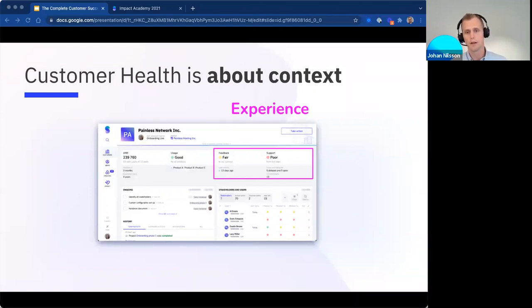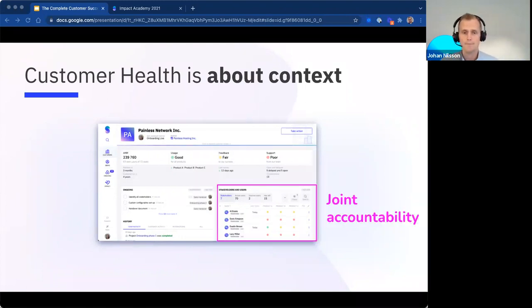So we need to find out, are they getting the help they need? Do they enjoy working with us in all senses? And here we can pick up on feedback. We can, of course, have a look at support tickets and so on.